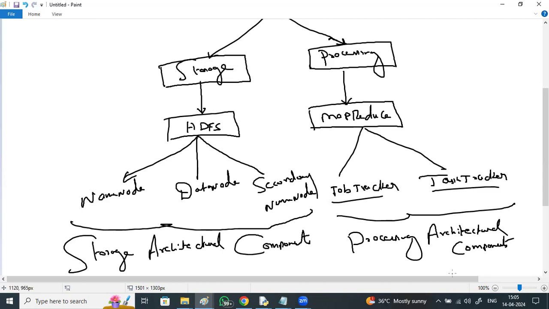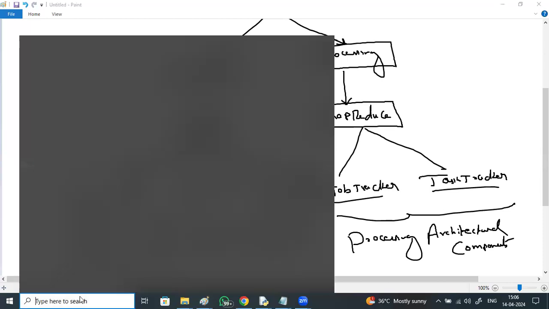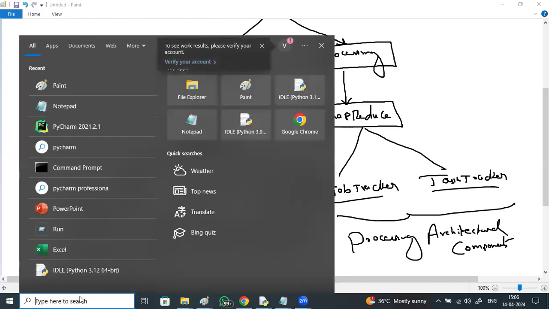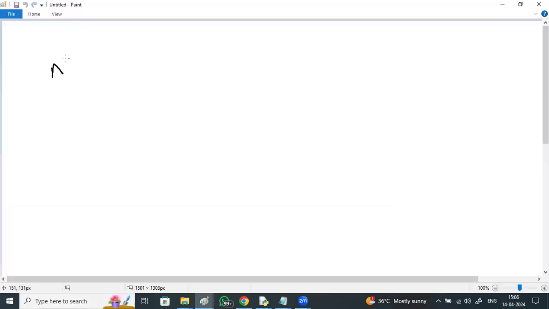First, we discuss the storage architectural components: name node, data node, and secondary name node. Next comes the job tracker and task tracker, the processing architectural components.